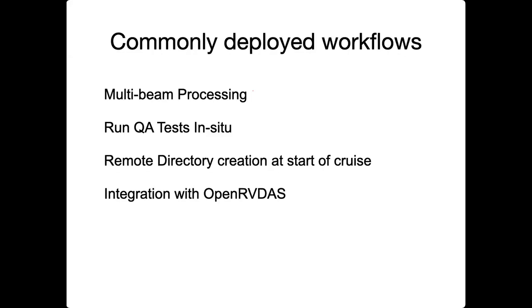This is a PHP-based tool for doing first order QA testing on position data, GGA data in particular, and it generates a report. You can use the plugin architecture in OpenVDM so that as GGA files arrive, you can pass those files straight into R2R's tool so that you're doing QA as you go.